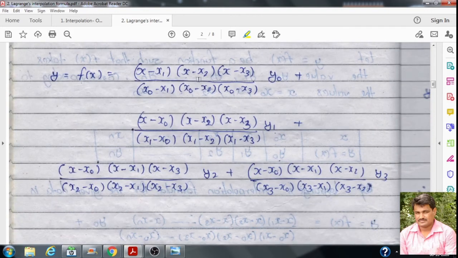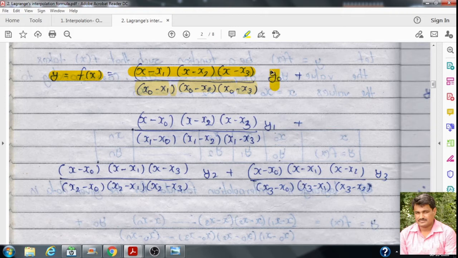Then we can write the formula for the above data. y is equal to f of x is equal to numerator. We skip the first factor x minus x0 and then we write x minus x1 into x minus x2 into x minus x3. Denominator same: x0 minus x1, x0 minus x2, x0 minus x3.